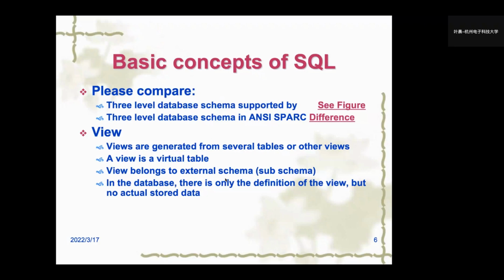A view is a virtual table, which does not actually exist. A view belongs to the external schema in the three-level database schema we introduced in the first class, right? In the database, there is only the definition of the view, and there is no actual stored data.